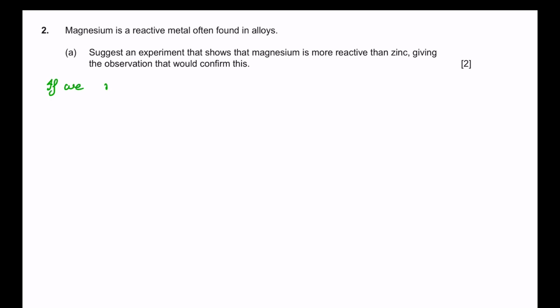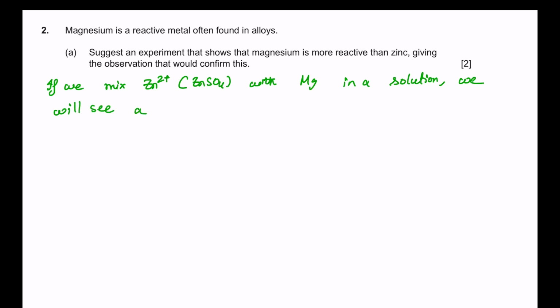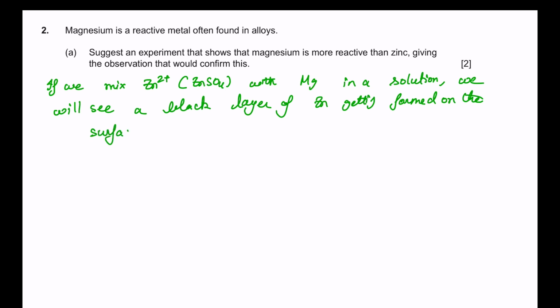If we mix Zn2+, we can say ZnSO4, with Mg in a solution, we will see a black layer of zinc getting formed on the surface of magnesium.